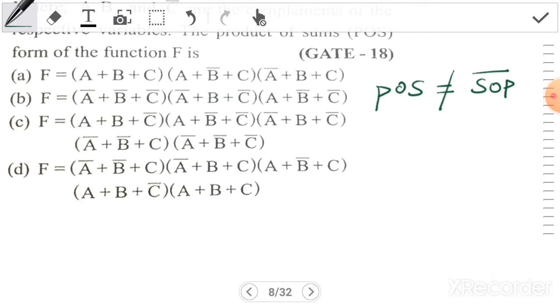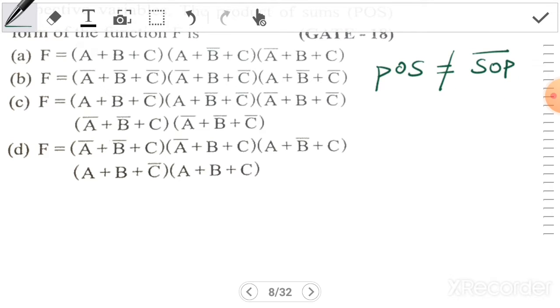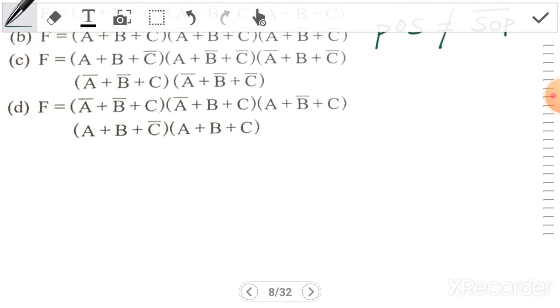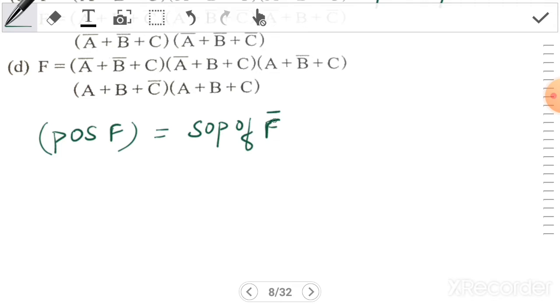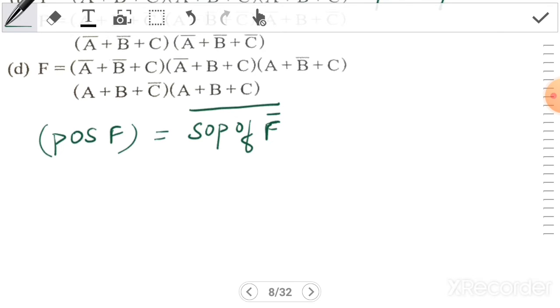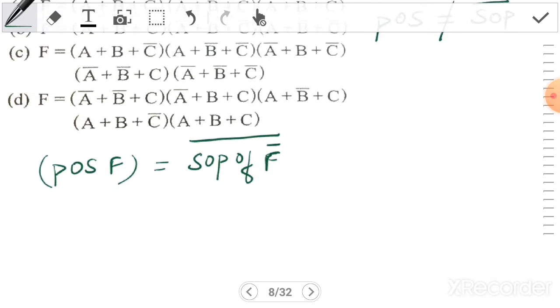First of all, the product of sum form is equal to: first take the complement of the function, get the sum of products of the complement, then again take the complement of the function, and you will get the product of sum form, right?